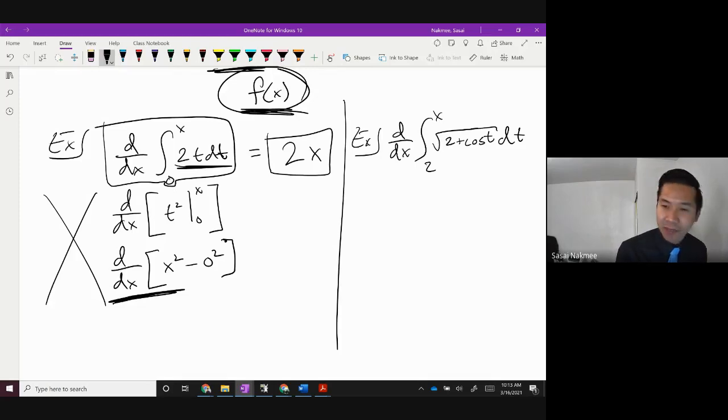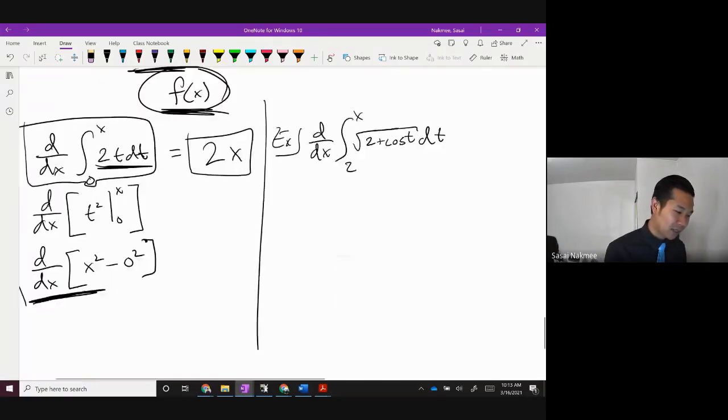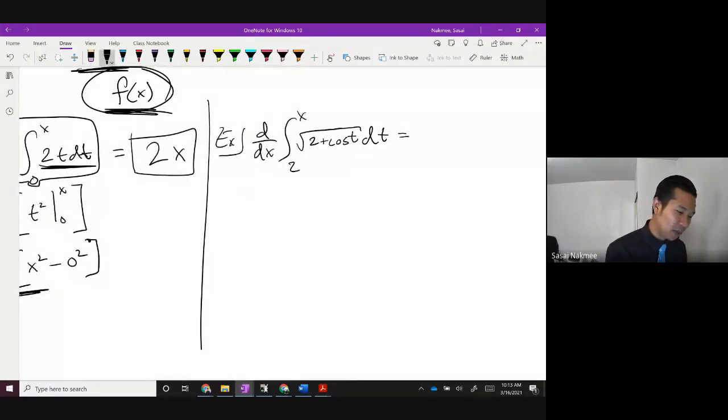But my point is, I don't need to know what that is, because right after I take the integral of it, I'm going to be taking the derivative of it, which means I'm going to end up back at the function I'm looking at. So I don't need to know what the antiderivative of this thing is. That's all I'm trying to say. So if I were to actually evaluate this, you know what this is going to equal? Some of you might have already guessed it.